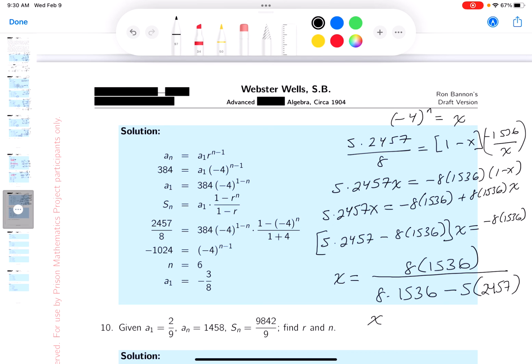Let me write that down for you. And that's equal to minus 4 to the nth power. So I hope you realize that n's got to be an even number, and n is going to be equal to 6. All right? So again, you can try it on a calculator, by the way. 4 to the 6th power is going to be 4,096.